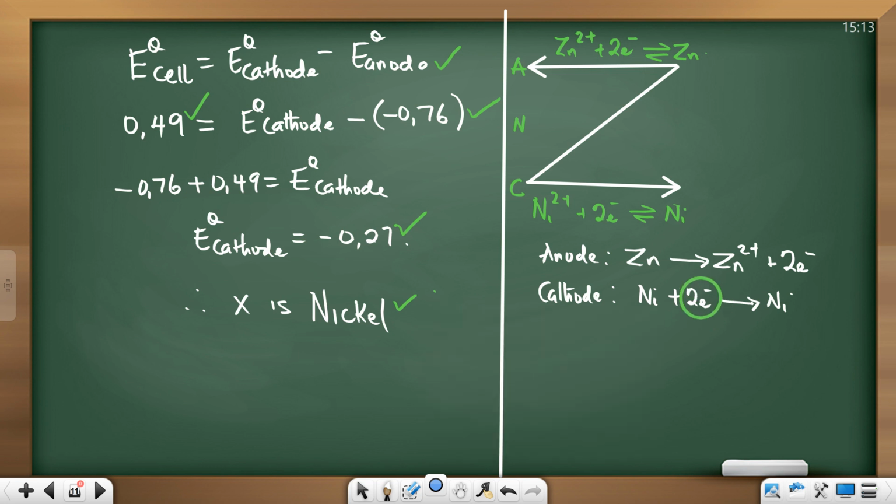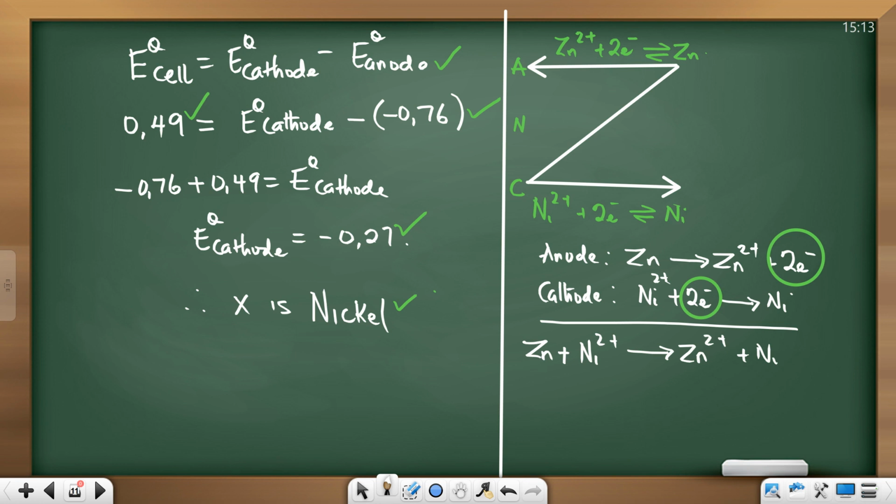It's 2e, 2e, I don't need to multiply this time around. So what do I have? Zinc plus nickel 2 plus to give us zinc 2 plus, nickel. All right. Solid, aqueous, and solid. 3 marks.